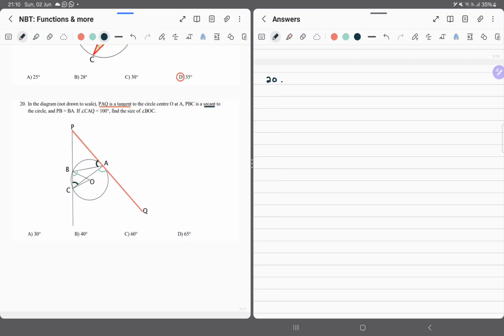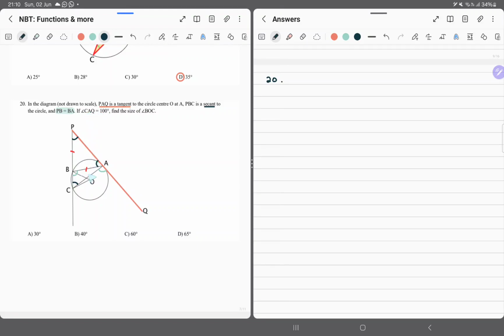And then we are told though that PB is equal to BA. Now that's great information. So PB, this one, is equal to BA, that line. So what does that create? An isosceles triangle. And in that isosceles triangle, we've got that angle equaling that angle there. These are angles opposite equal sides in a triangle.